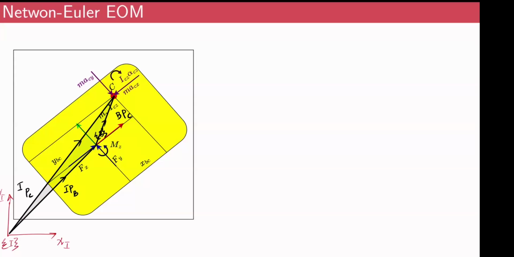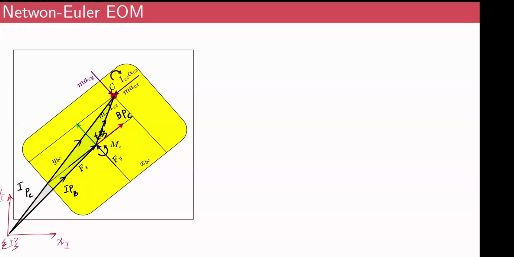Because this point C can be easily defined with respect to the frame of reference B. Irrespective of how the mobile robot moves, the body fixed frame also moves with it, so the coordinate of C with respect to B is always going to be fixed, for all periods of time.